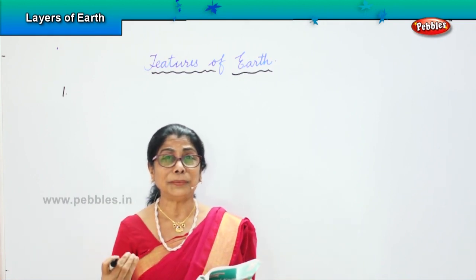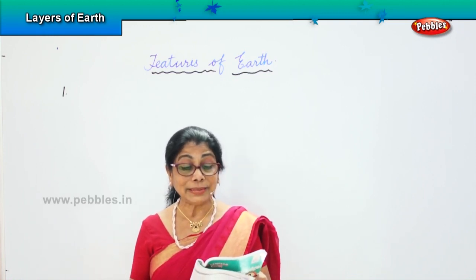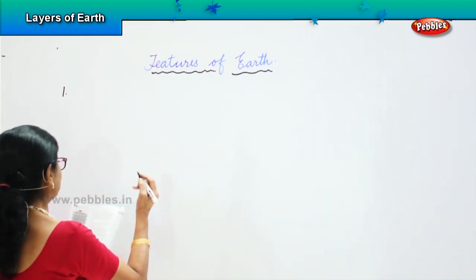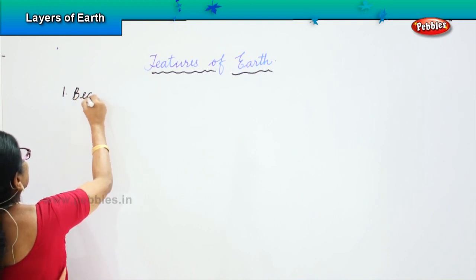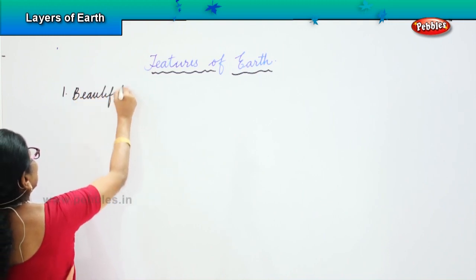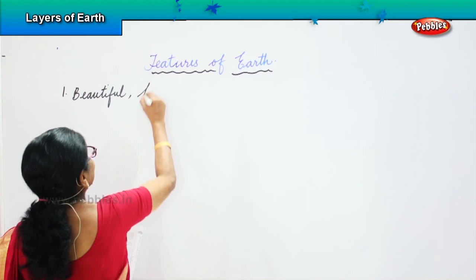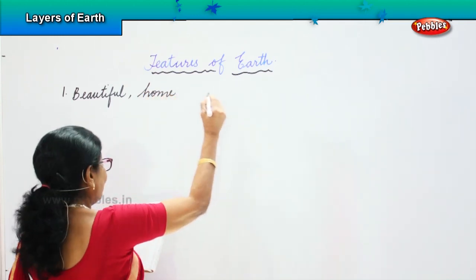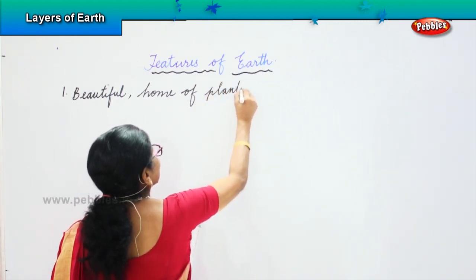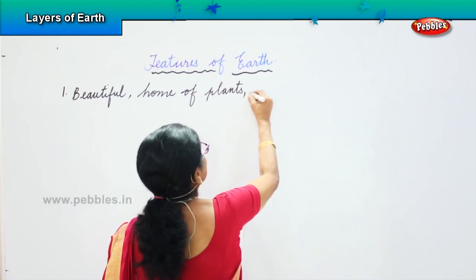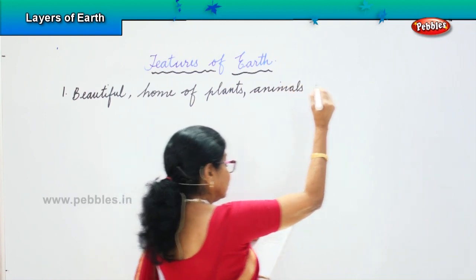The first point that we need to look at is that Earth is beautiful. Our Earth is beautiful, home of plants, animals, and humans. So, the first feature of our Earth is a beautiful Earth.